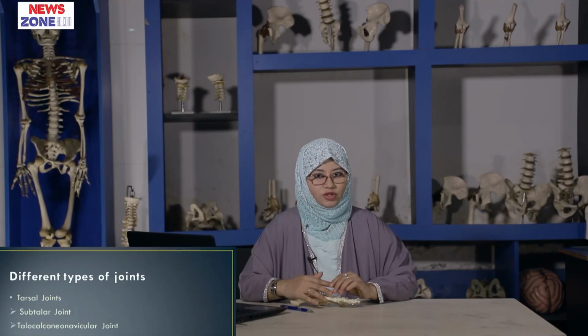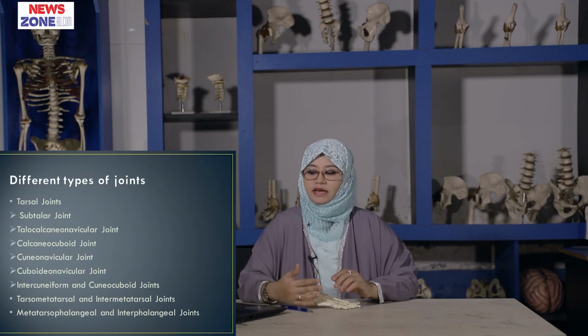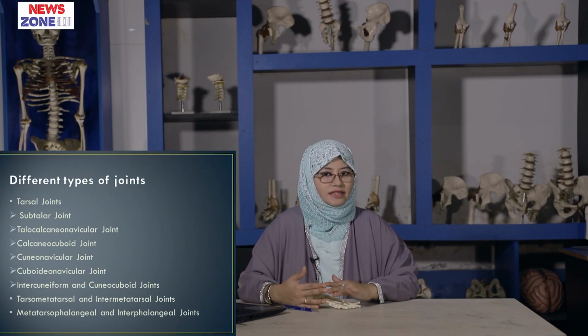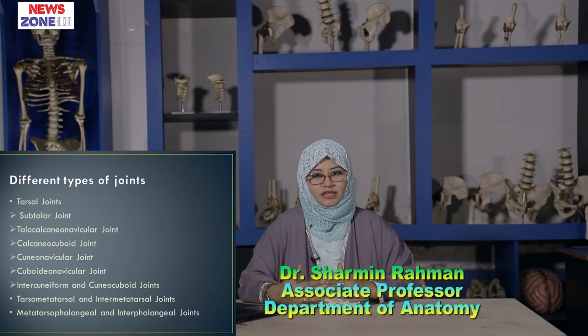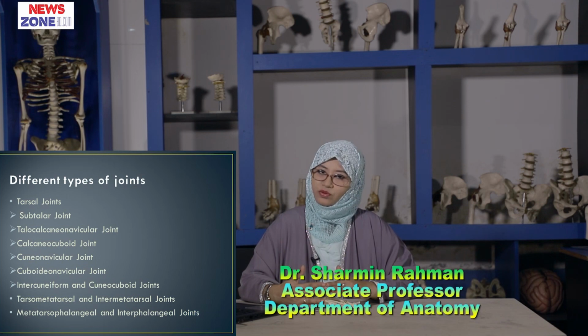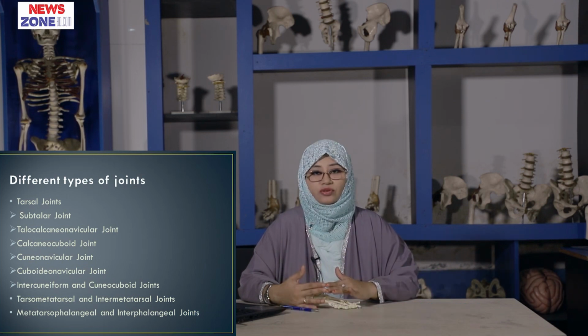Today our topic is joints of the foot. So let's start. There are different types of joints in the foot. First of all, the tarsal joint. Tarsal joint includes subtalar joint, talocalcaneonavicular joint, calcaneocuboid joint, cuneo-navicular joint, and cuboido-navicular joint.